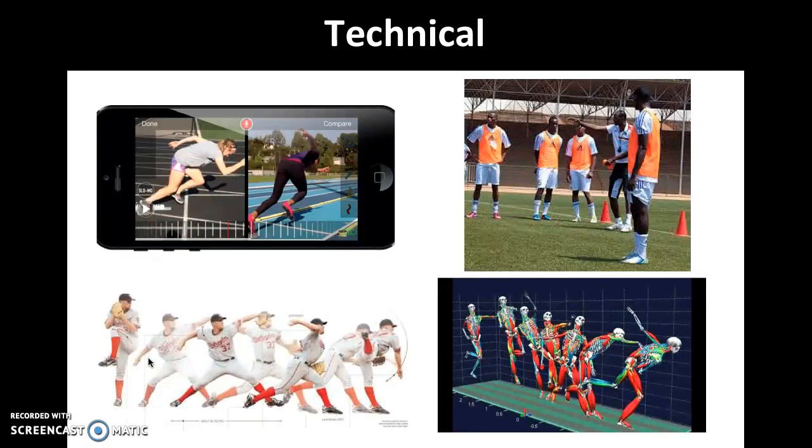Technical analysis is to do with analysing quantitatively successful and unsuccessful techniques, which has a practical advantage for a coach or sports scientist to see what exactly is going wrong, and it's more specific.